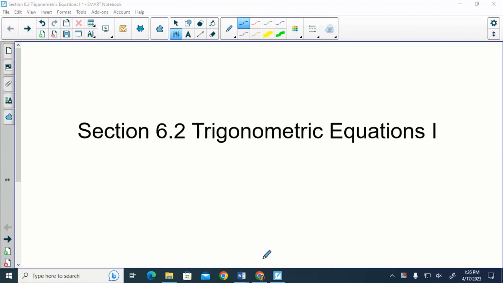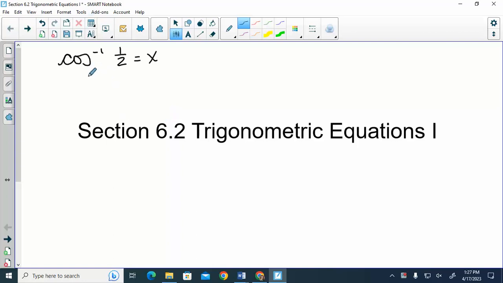So everything that we were doing last week in section 6.1, the problem started out with an inverse. It would say something like cosine inverse of 1/2 equals x. And when we saw that cosine inverse, we knew that we were limited in our quadrants, right?